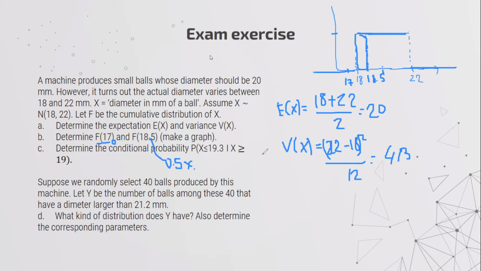But do we know it? We don't know it, but we can find it. And how? Because we know that the whole thing here is just 1. That side is 4, so that should be 1 over 4. That big side here. So it becomes 0.5 times 1/4, which is basically 0.125.